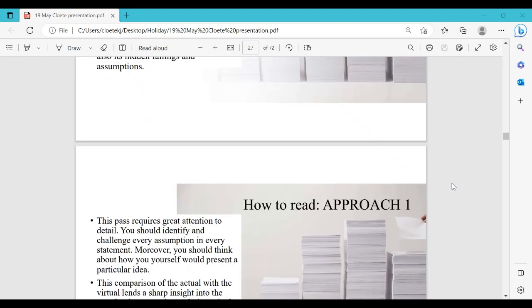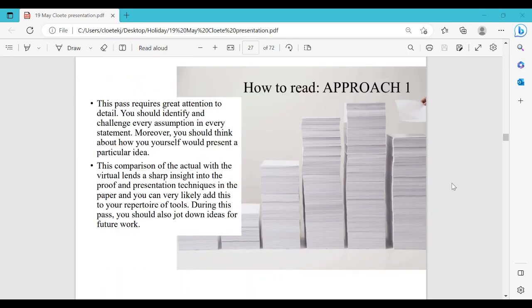This third phase is just really where you give a lot of attention to the content of the paper. You start basically critiquing now the content in very depth and in a lot of detail, right? This comparison of the actual with the virtual lends a very sharp insight into the proof and presentation techniques.